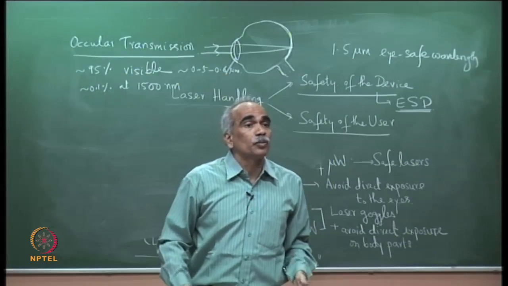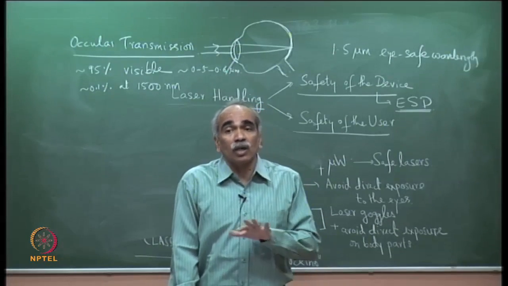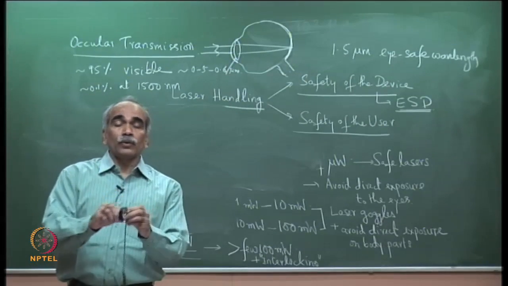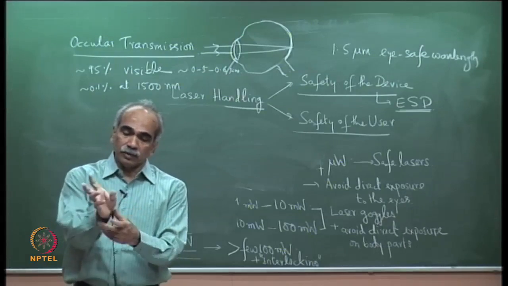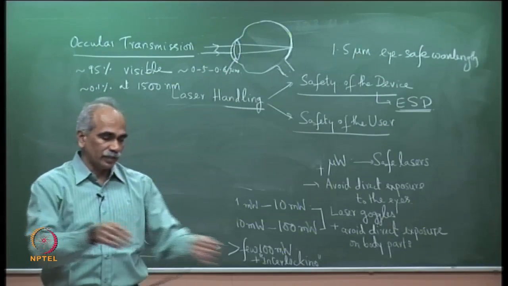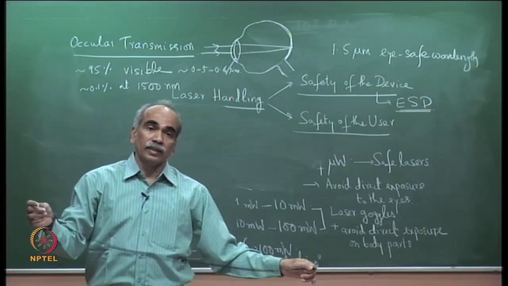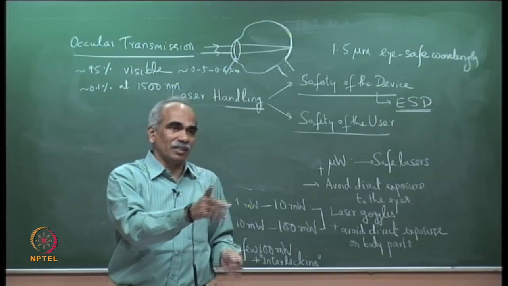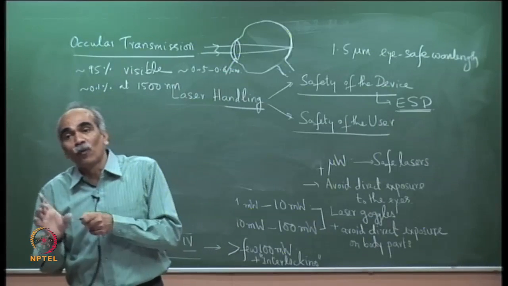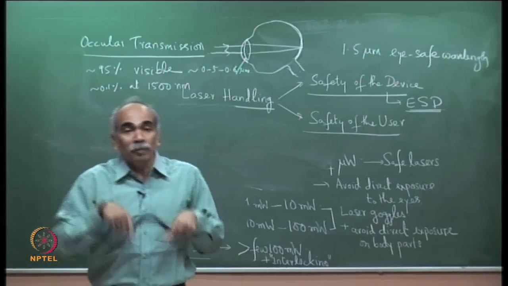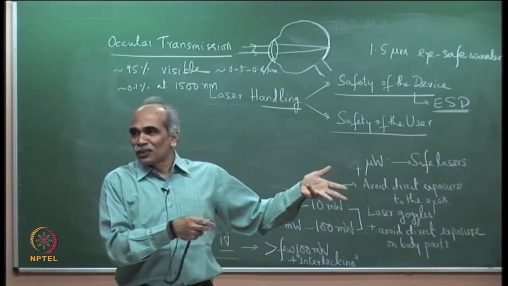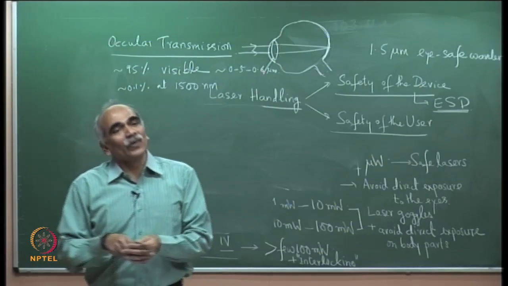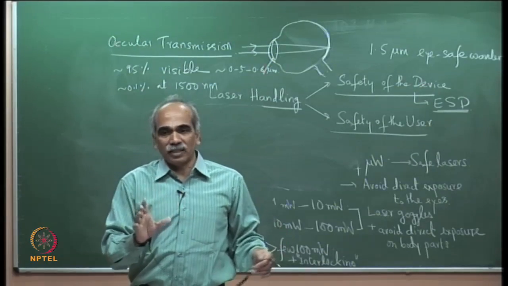So, the environment has to be static free, you have to use grounded mats, you have to wear grounded straps and the wire has to go to a central node where it is grounded. It is grounded means you are not directly grounded, grounded through a 1 megohm resistance. Please remember, there has to be a 1 megohm resistance, otherwise you will be a ground, and by chance if there is a short circuit, all the current will go through you, and therefore, it goes through a 1 megohm resistance. Okay.